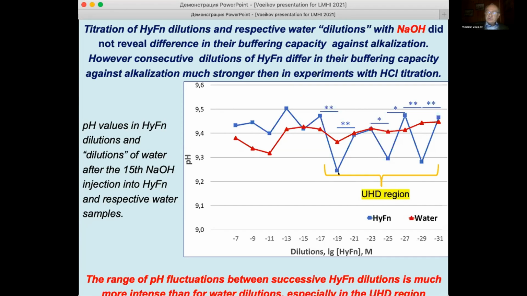The range of pH fluctuations between successive dilutions is much more intense, especially in the ultra-high region, and these differences are highly statistically significant. In alkalized ultra-high dilutions of water control, there are no such variations of pH between successive dilutions.